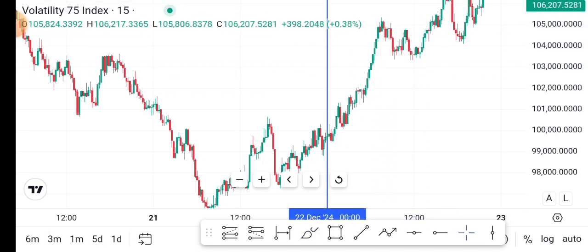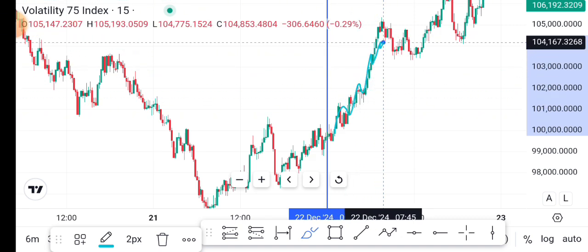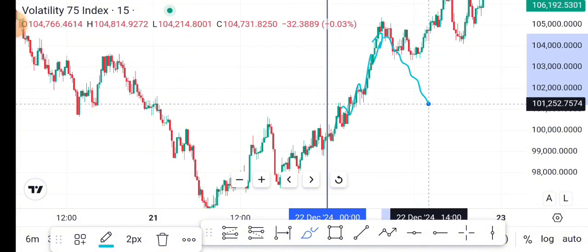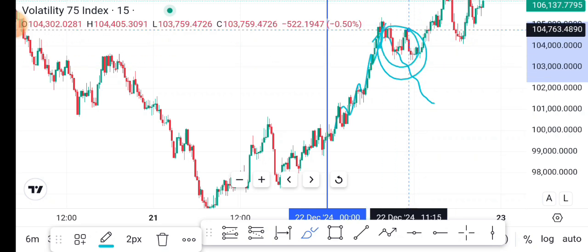In the morning at 3, 4, 5, the market will be making high highs and high lows. By the time it reaches 7 or 8 o'clock in the morning, the market will start making the pullback. So this pullback is going to be our setup.